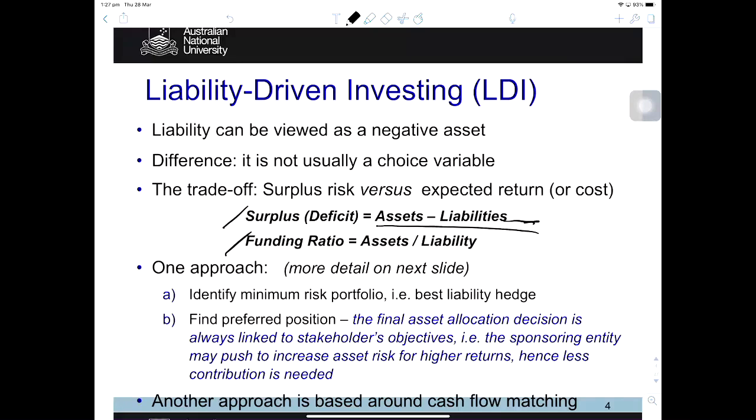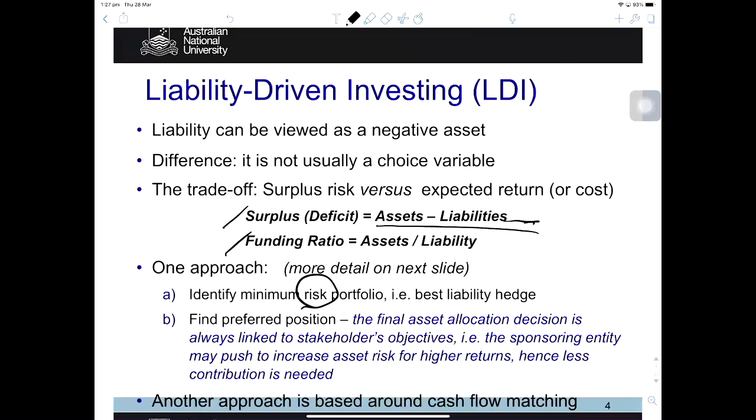Here, in the context of liability-driven investment, the minimum risk portfolio is not the minimum variance portfolio. Minimum risk, for DB funds, is still the possibility of not being able to meet its liabilities. So the minimum risk will result in an asset allocation that gives you the best shot at matching between your assets and projected liabilities. So we'll start from there.